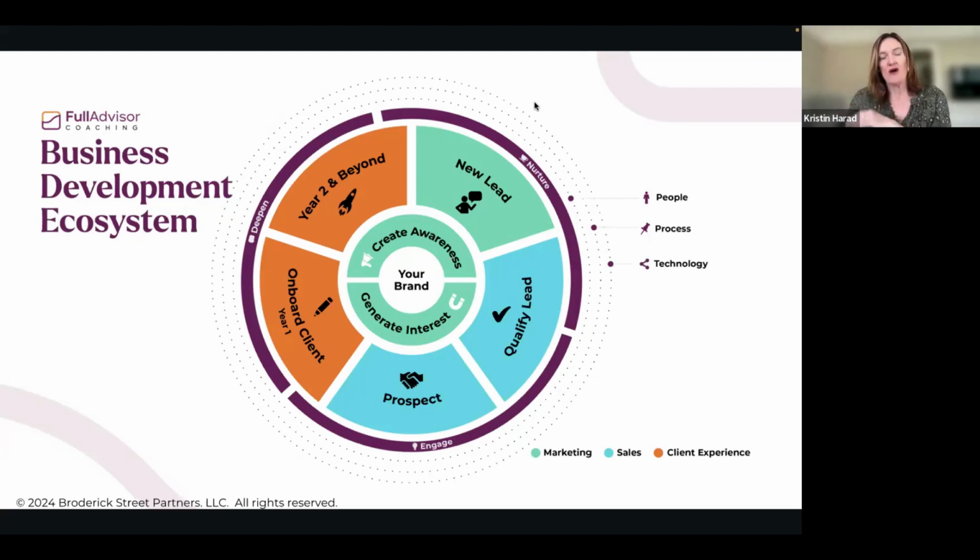But we're talking about selling a service that takes a long time to decide on, and it's around money, so there are a lot of dysfunctional associations there. So nothing's linear. When we look at the ecosystem, at the center is your brand, and we're going to get into the three elements of the brand and what that looks like.